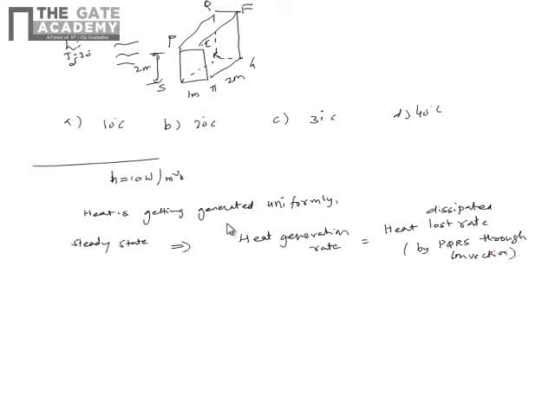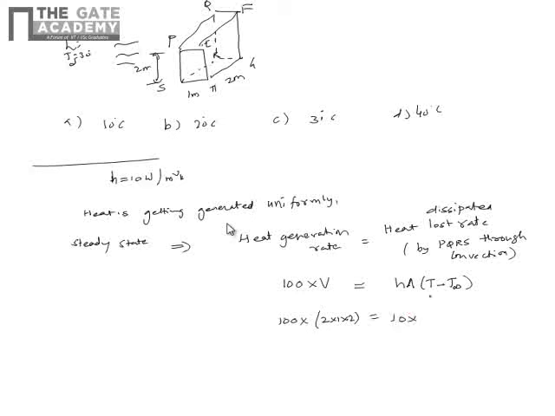Okay, so heat generation is given as 100 watt per meter cube, so that is 100 into the total volume, the heat generation rate, and heat lost is hA times the steady state temperature of PQRS minus the ambient temperature. So this is what we want. So 100 into volume, it's a cuboid, so length into breadth into height is the volume. The heat transfer coefficient is given as 10.